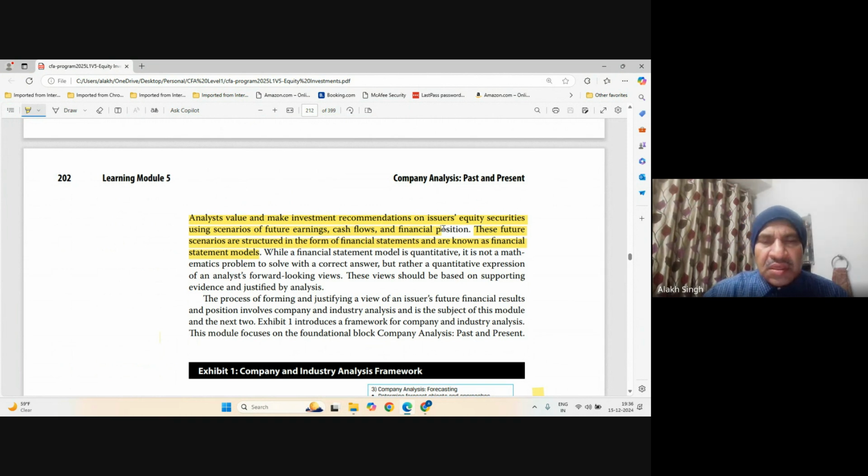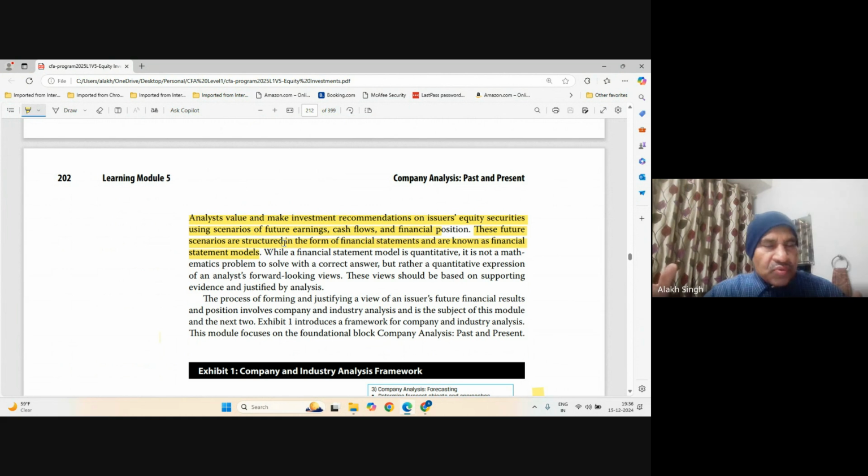These three financial reports you have to start with as an equity analyst. The current one gives one point, one scenario, whatever the current scenario is.